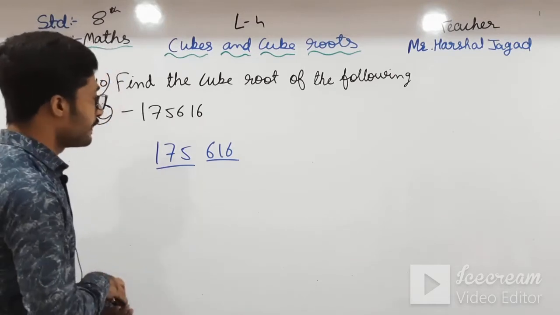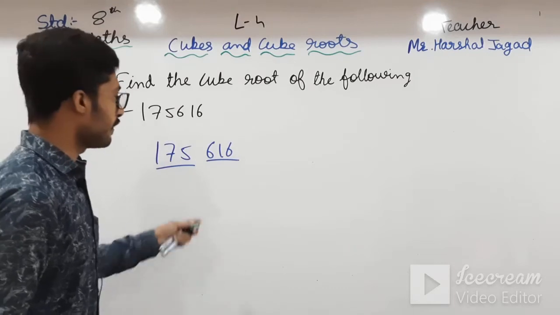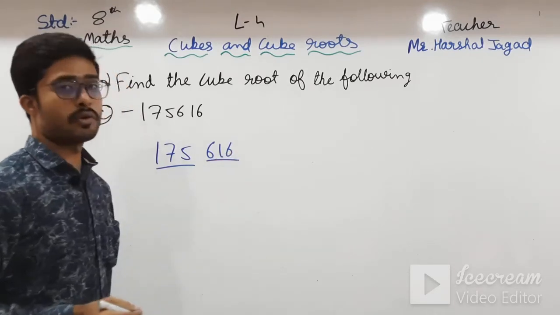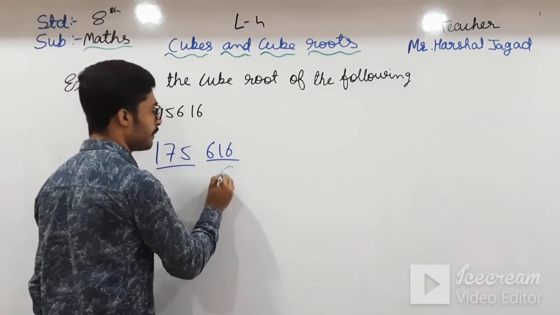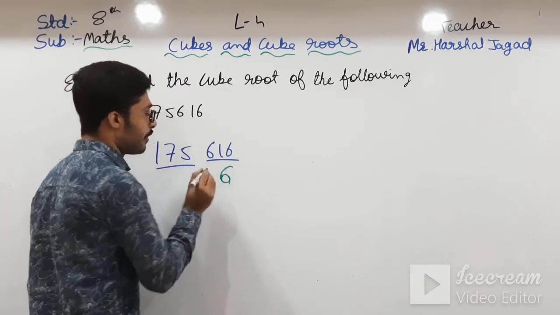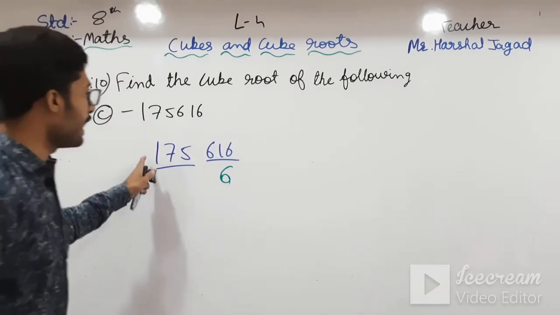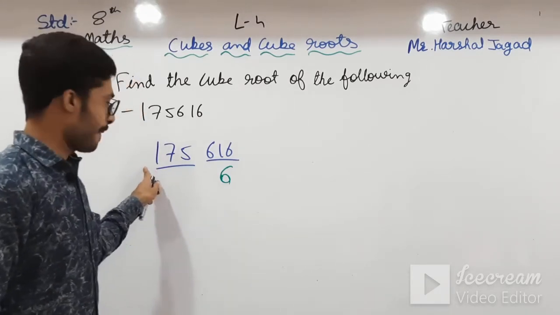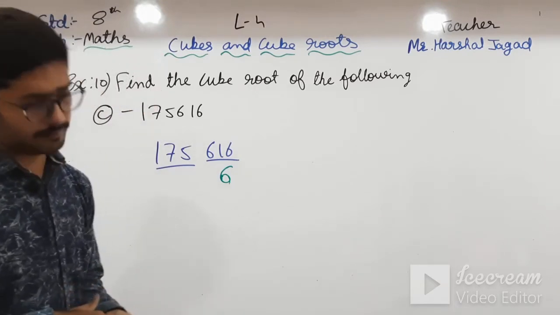Then the first group's unit place is 6, so its cube root's unit place is also 6 according to the table which we have drawn just before. And here you have to find the second group's largest cubic number. Find out that.